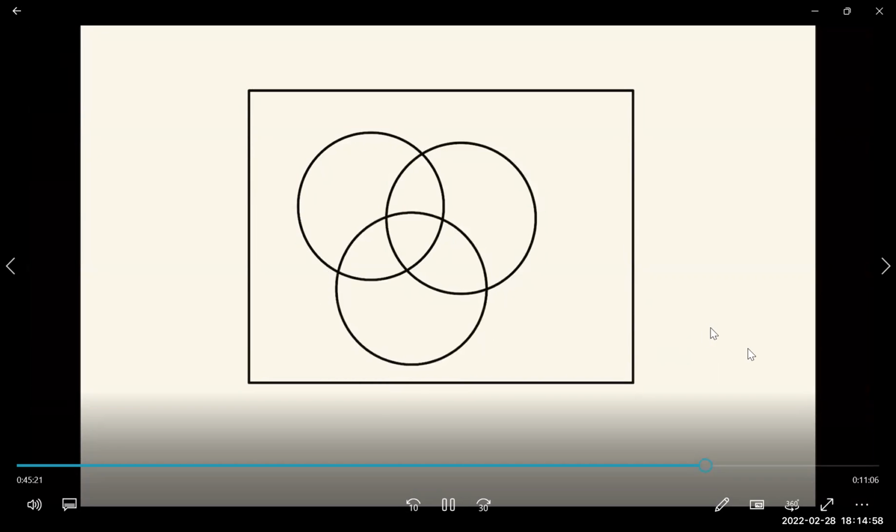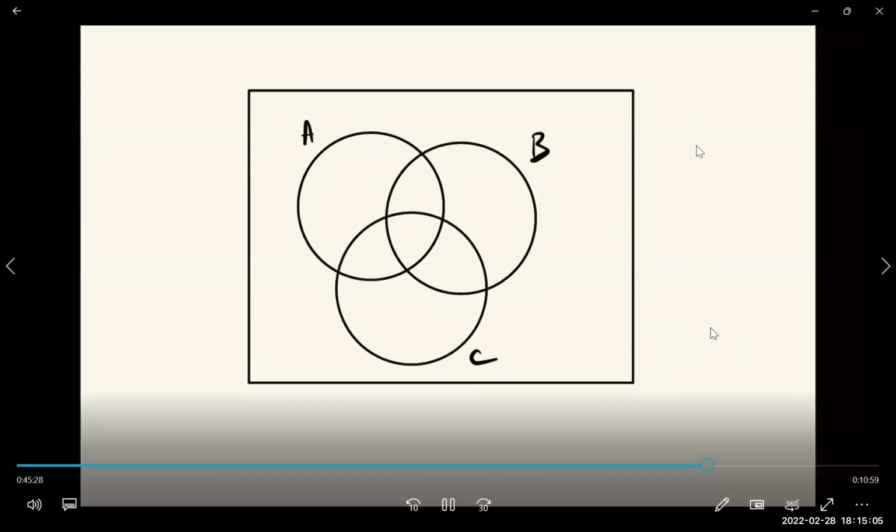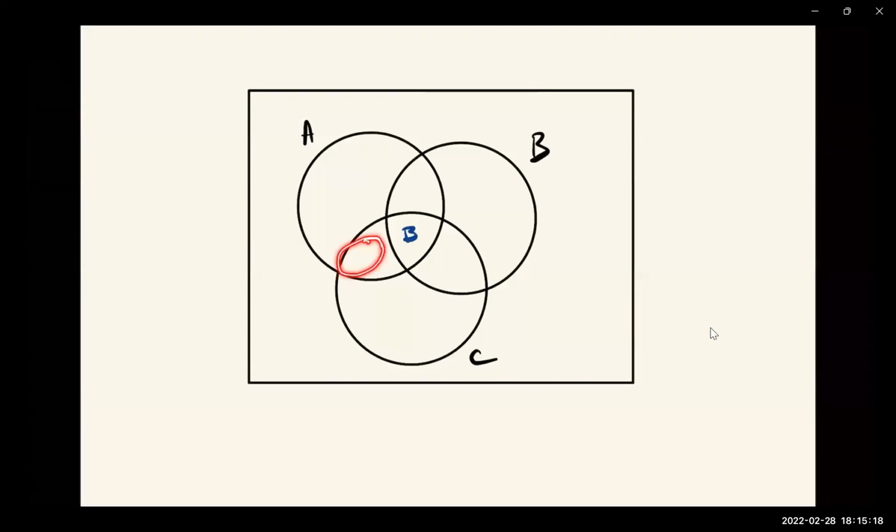Let's see. So what should we start off with? What they all have in common, which is Bambi. Bambi is the only one they have in common. All right, so can I just call that B? Yeah, it's the only one with the B. Okay, so Bambi. What about A and C only? Up.